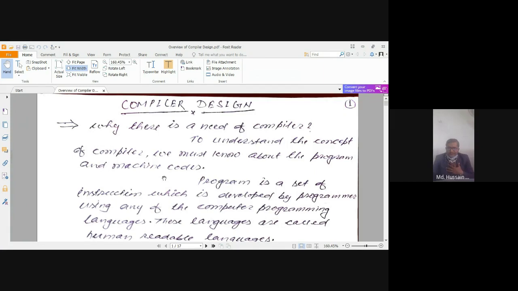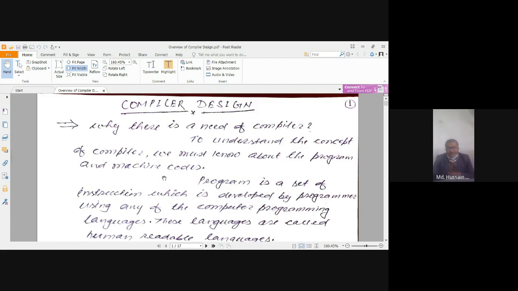As a human being, we need a language through which we can communicate with other persons. The language might be English, Hindi, some local language, Urdu, Bangla, etc.